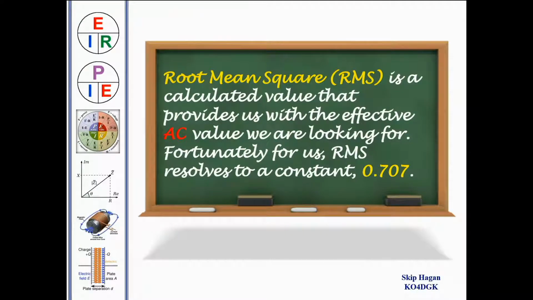Now, taking an average doesn't do the job. We have to use this RMS calculation, and you don't need to drag out your calculator to figure it out. As it happens, RMS resolves to a constant value, and we only need to know what that value is. RMS is always 0.707.